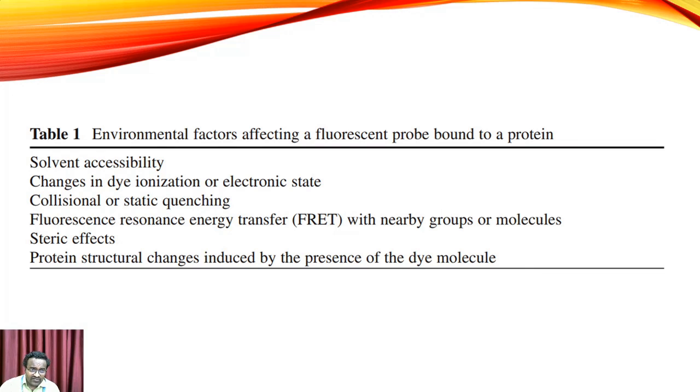These are the various environmental factors. Some environmental factors influence the biosensing ability and binding efficiency of the biosensor. These are usually solvent accessibility, changes in the ionization of the dye, fluorescent resonance energy transfer, protein structural prediction and protein structural changes exhibited by the characteristic biomolecule.